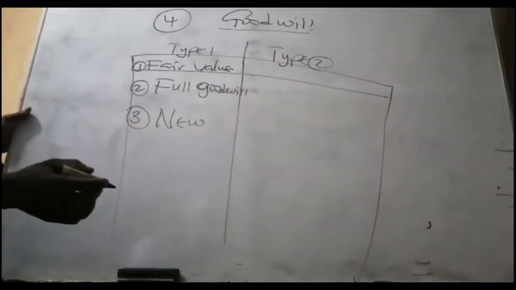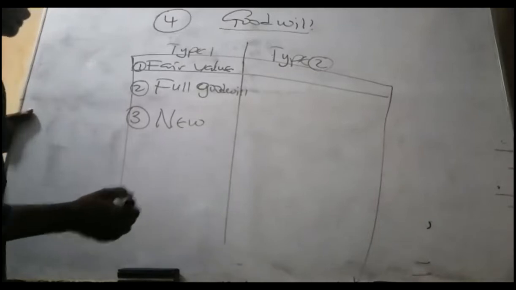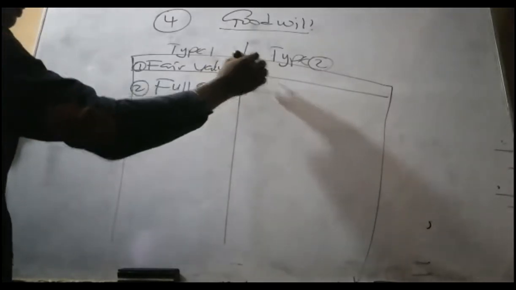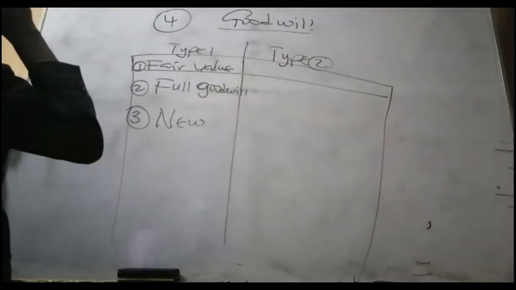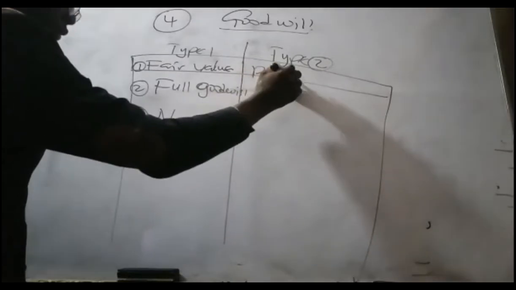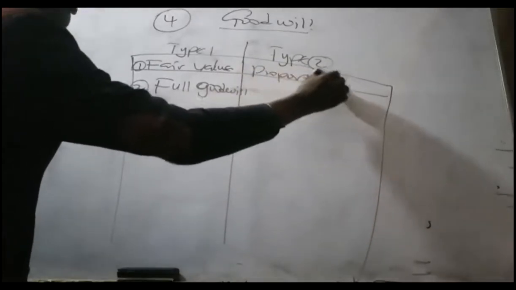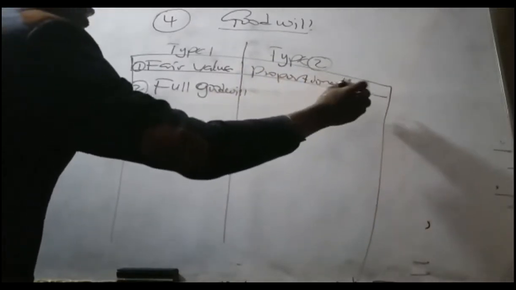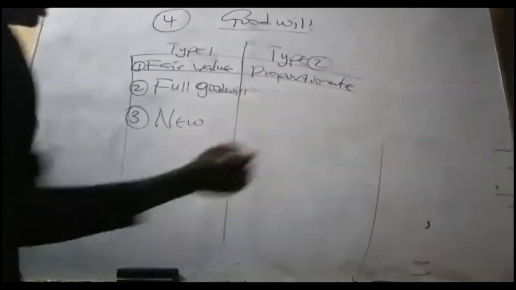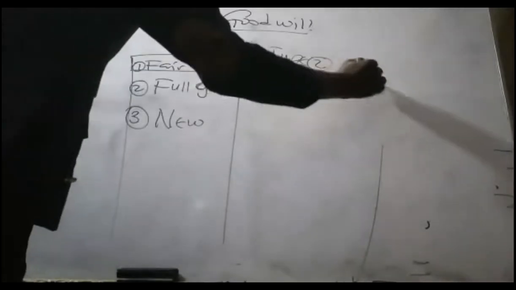Method 2 we call the proportionate interest method.